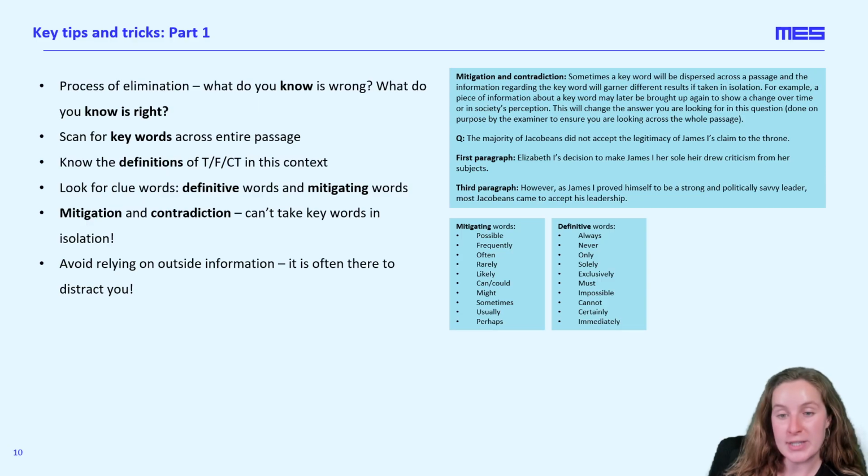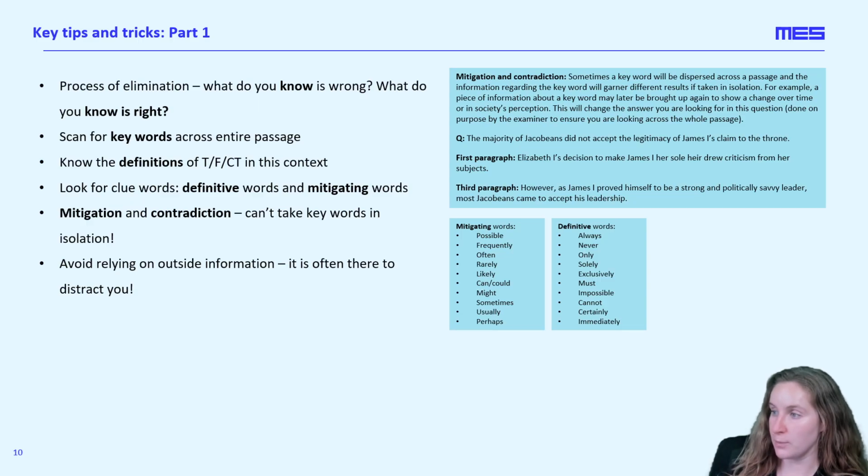So if you only take the one example of the keyword in the passage when there are 3 uses of that keyword and take that one piece of information in isolation, you may be missing out on an important change or mitigation to that information, and it will change the answer you're looking for. And again, often this is done on purpose to ensure that you're looking across the entire passage. So there's an example there for you of what that looks like.